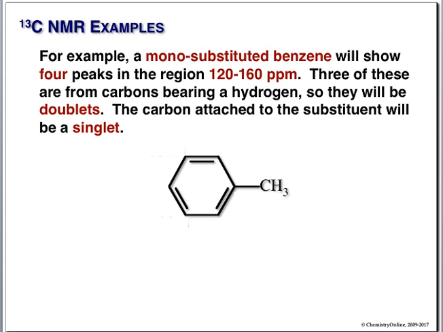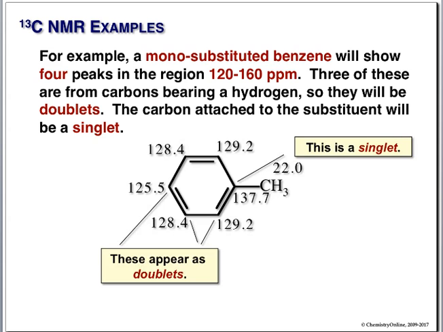For a monosubstituted benzene, we therefore predict that we would have one singlet and 1, 2, 3 doublets in the benzene region. Here's our shifts.